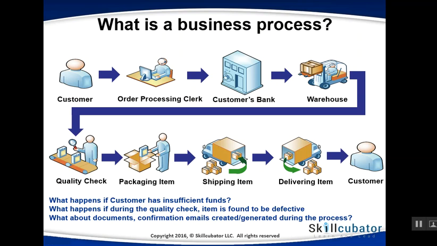Another important thing is each process has process participants. Most of the time, the process participants will be a human being, what we also call an actor, people who support the business process in getting things done, in getting your work done, right?